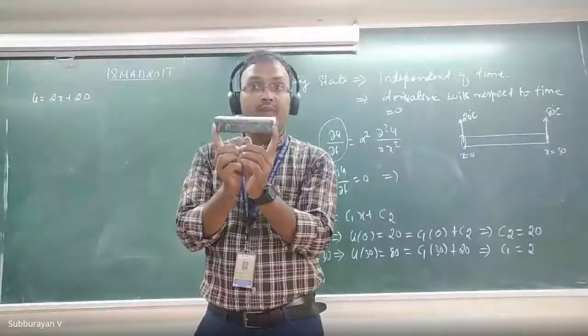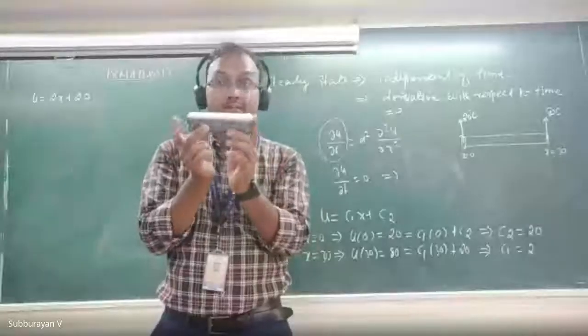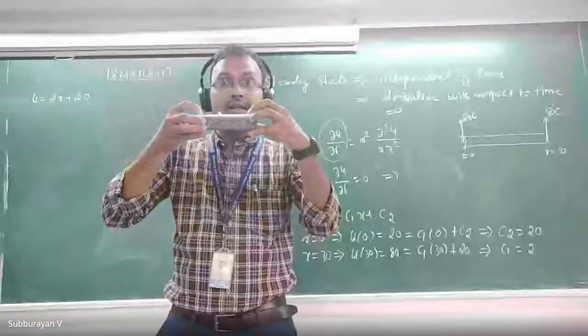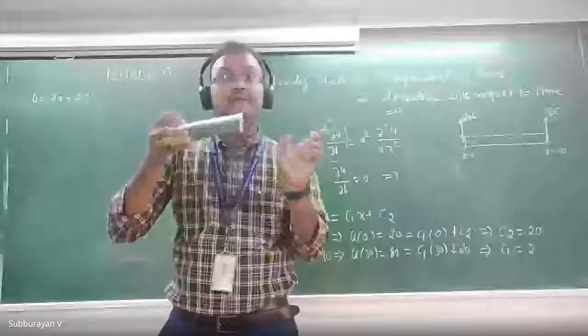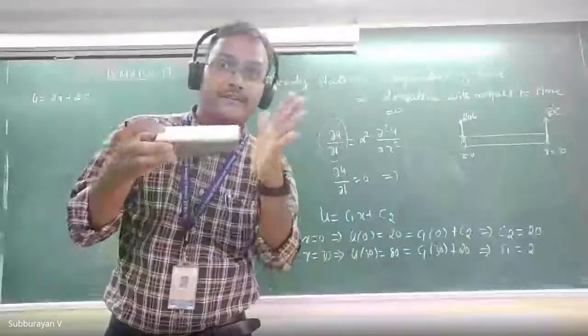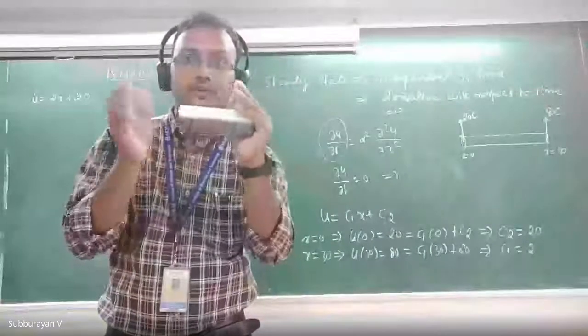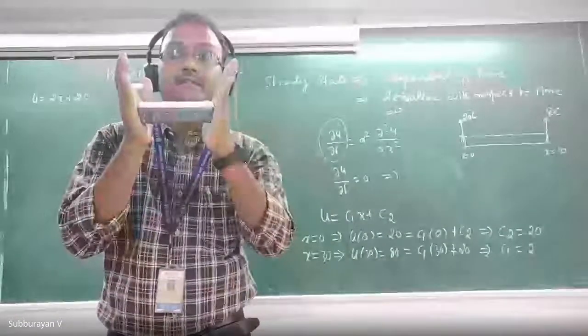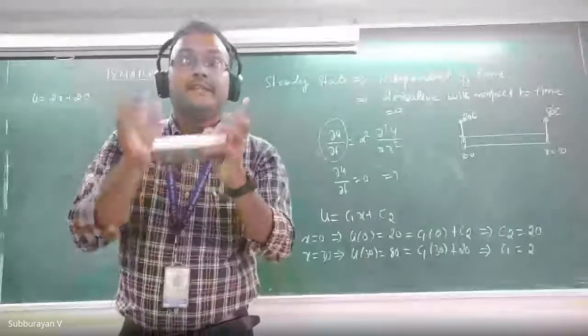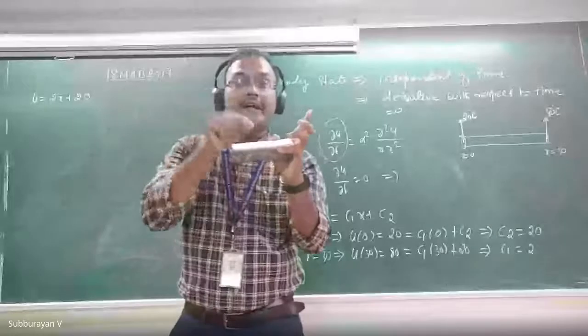Even if you have some non-zero temperature at both ends, if I adjoin two ice cubes on both sides, the temperature at both ends will be zero. From that moment onwards, the temperature will depend on time.